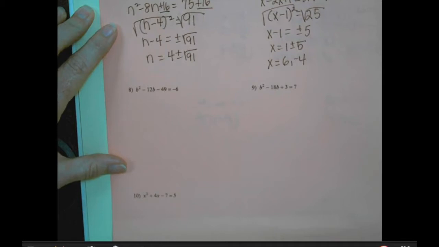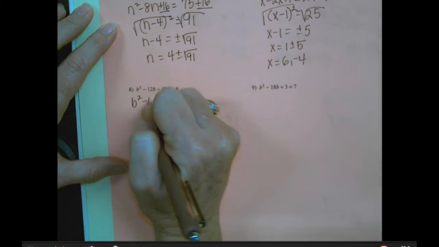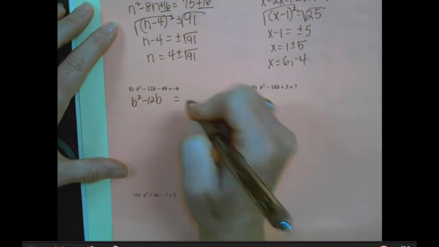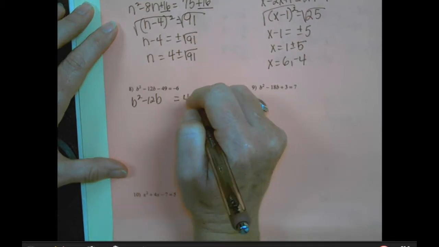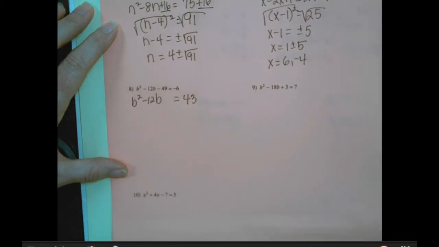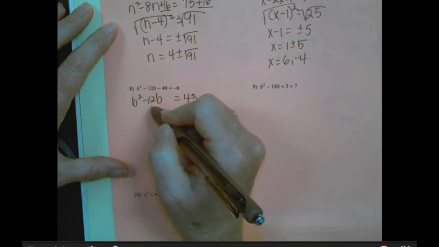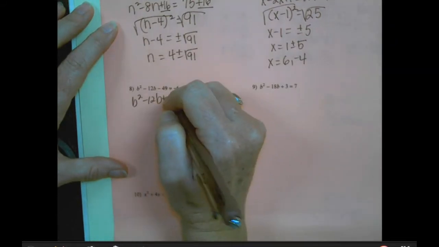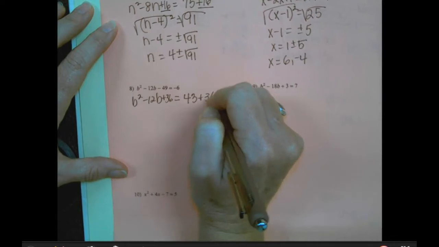I want to do one more where we have to simplify the... Let's try this one. So if I have b squared minus 12b equals negative 6 plus 49, is that 43? Negative 6, okay. Whew. So b divided by 2 squared, 36, so I'm going to add 36 on both sides.